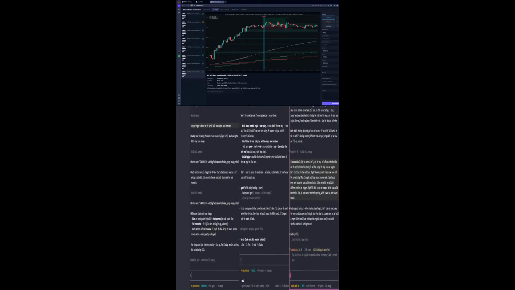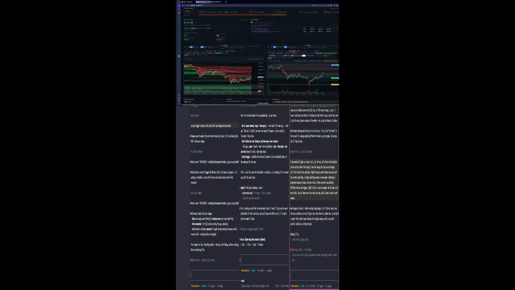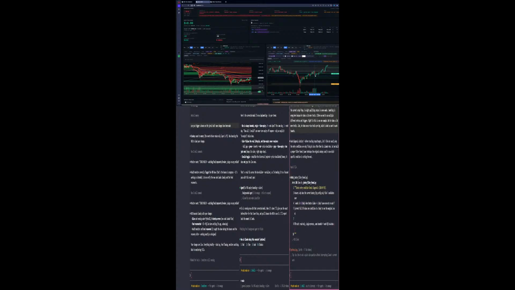I'll just wait for the limit to reset if my usage is over. Okay, this is working and this is working. This is also a very nice entry trigger here.